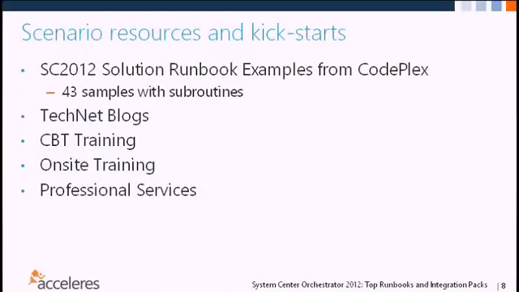It also shows you some of the design aspects, for instance, linking runbooks and how to use a particular activity properly. So it's a really good source of information when you're, as Nick says, growing into Orchestrator. It's a really good place to start.